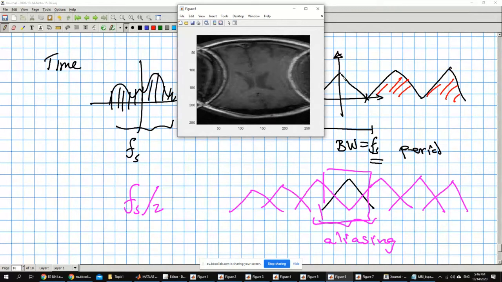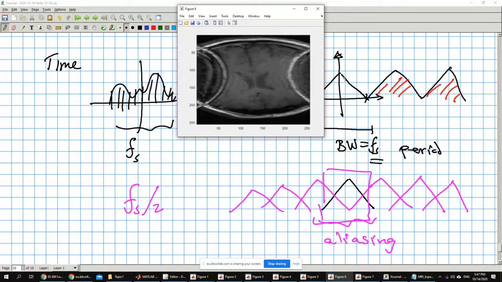If you have aliasing in one image, you have to repeat the imaging. So you have to be sure when you're sampling in the frequency domain, in the k-space of your data, that you're using the right sampling frequency. Otherwise, you'll end up with an image that is not usable like this one.